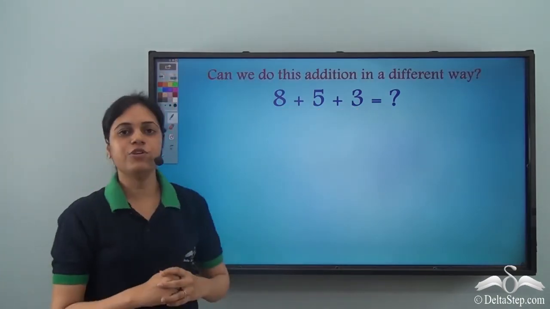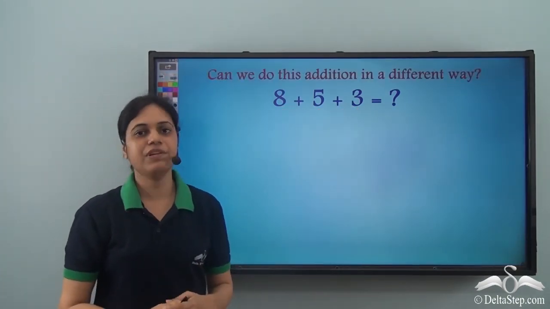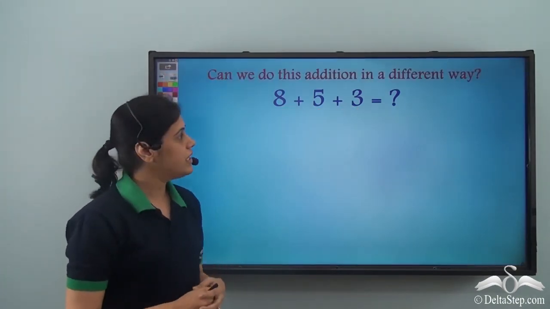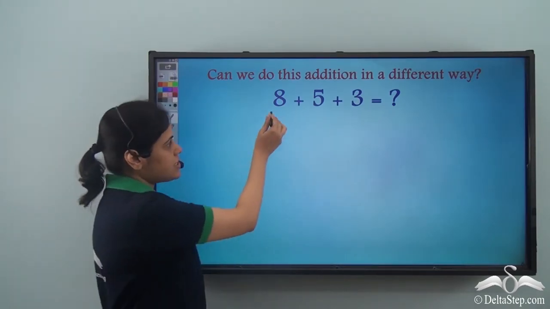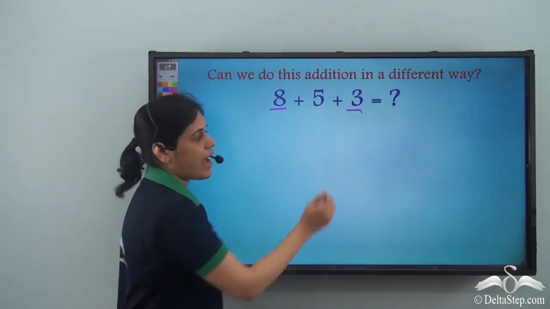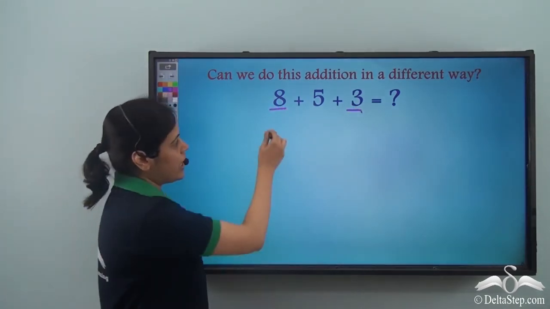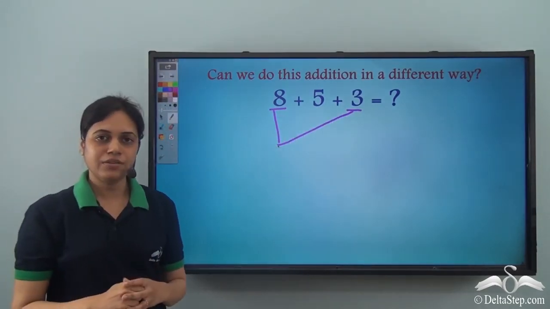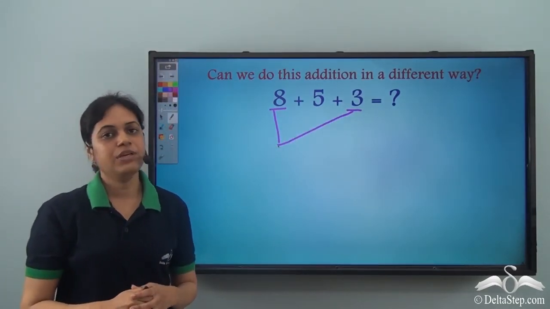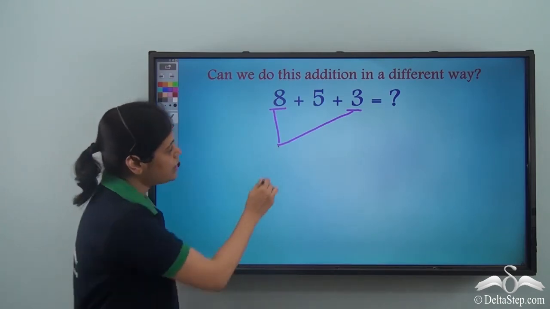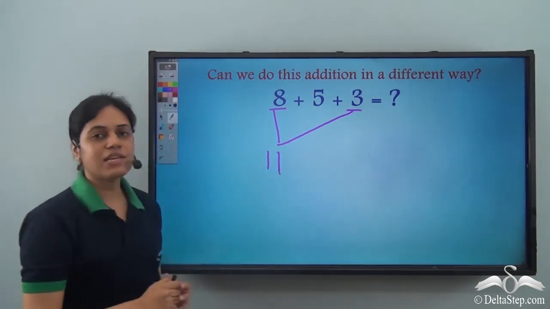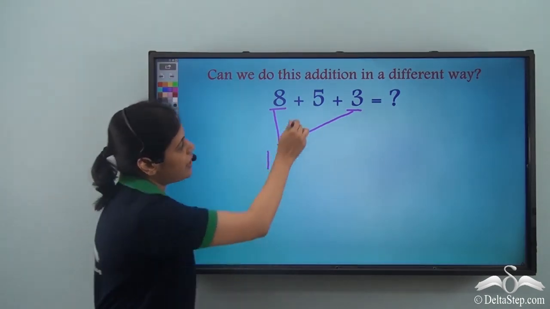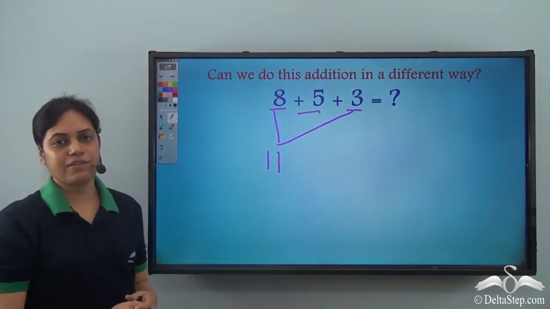Now even if we do this in a different way, we will get the same answer. Let us see. So first let us add 8 and 3. Now 8 and 3 added together give us what? 8 and 3 added together give us 11 and we are left with plus 5.